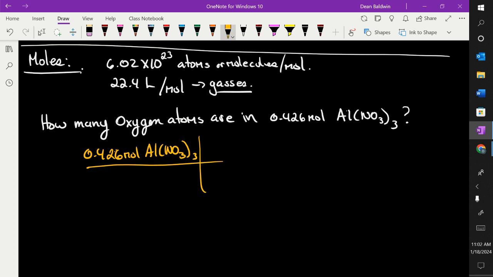Okay. Well, we gotta convert moles of aluminum nitrate into molecules of aluminum nitrate. How many molecules are in a mole? Yeah.